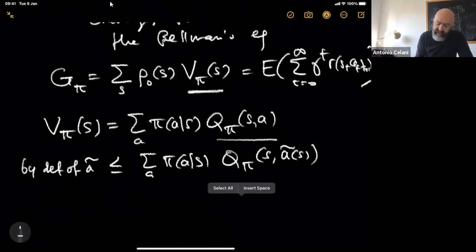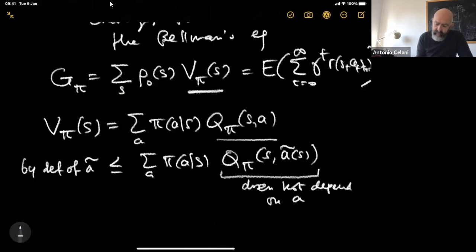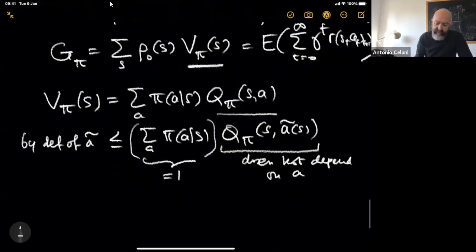So now notice that this term here does not depend on A. So this means that our sum over A is only restricted to the pi's, which are probabilities, and therefore this object is equal to 1.